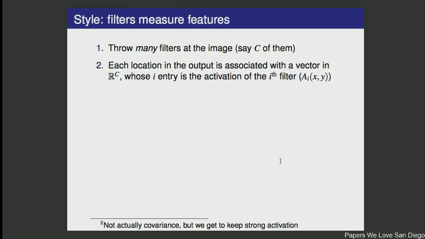That value is what I call A sub i at xy. So xy is the location, i is which filter we threw at it. It could be the vertical edge filter: how strongly activated is it at location xy. We measure that for each location and each filter, so it spits out for each location a vector in C-dimensional real space.